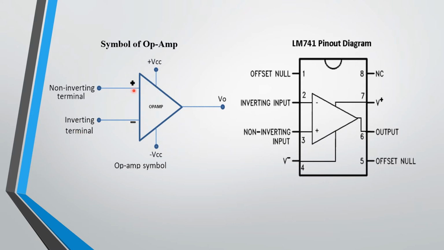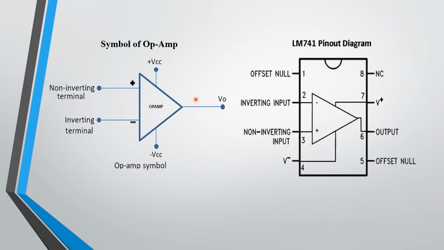Pin number 2 and pin number 3, these are the two pins with the help of which we can apply input voltage. Pin number 7 is for plus VCC, pin number 4 is for minus VCC, and this is the output voltage that will be collected at pin number 6. So this is the symbol.